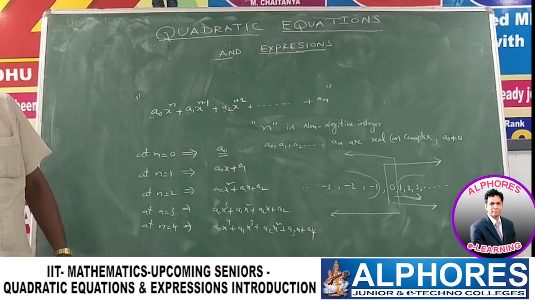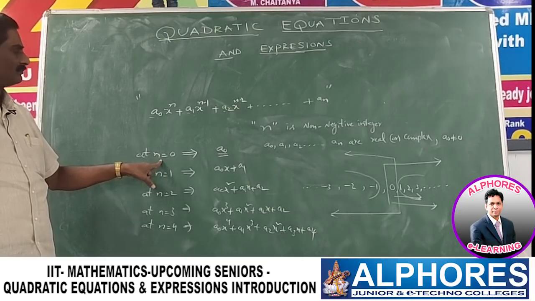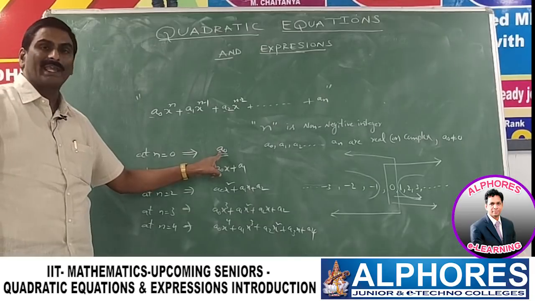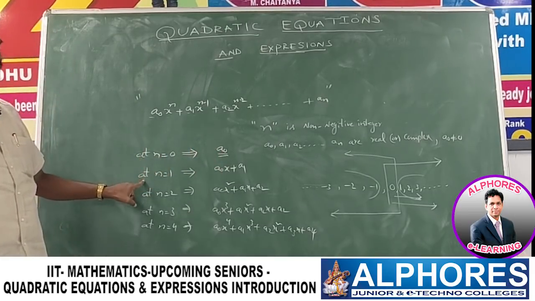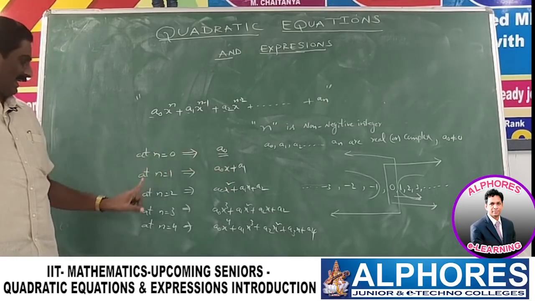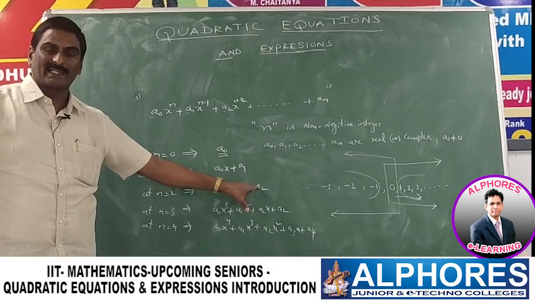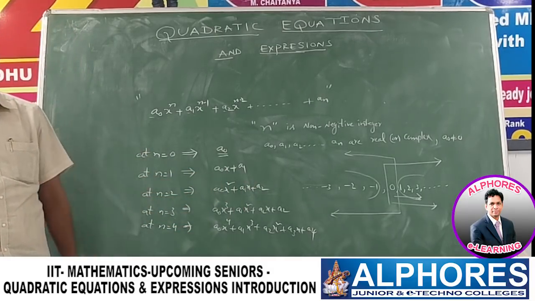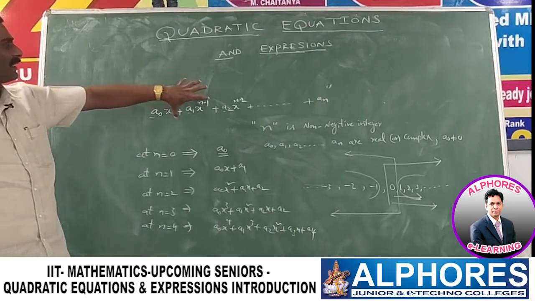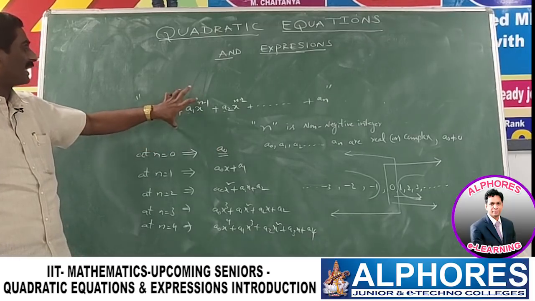Suppose at n is equal to 0, the expression can be reduced into a0. At n is equal to 1, it can be reduced into a0x plus a1. At n is equal to 2, it can be reduced into a0x square plus a1x plus a2, and so on. Here it is the polynomial with the variable x and whose degree is n.